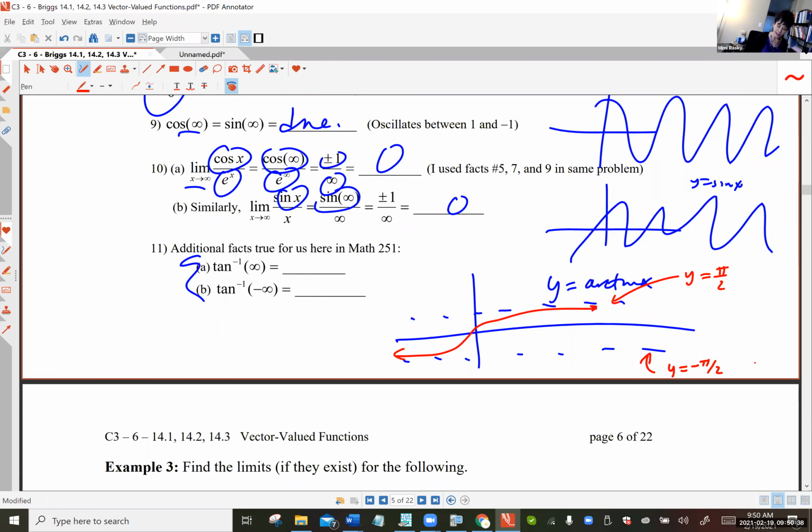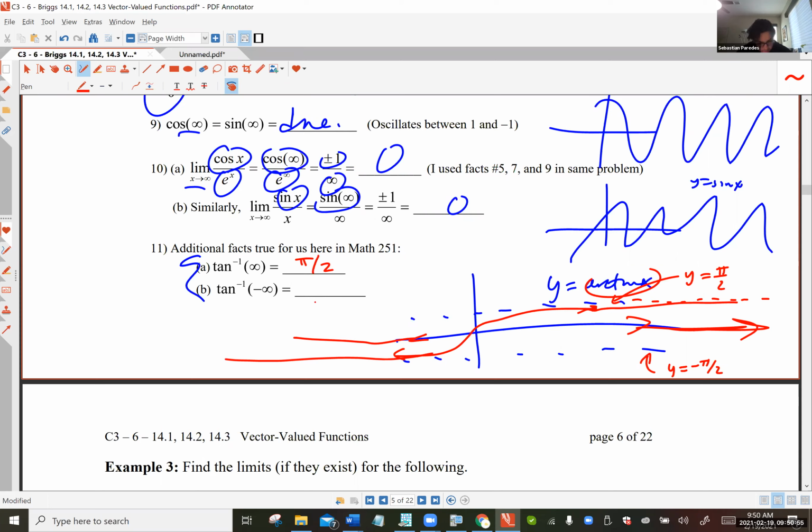So what's the limit of arctan as x goes to positive infinity? What is this graph getting closer and closer to? This dotted line, which has the equation pi over 2. Yeah. And how about when x goes to negative infinity? Negative pi over 2. Yep. Very good. And now we're done.